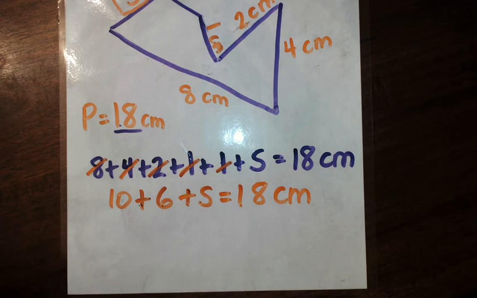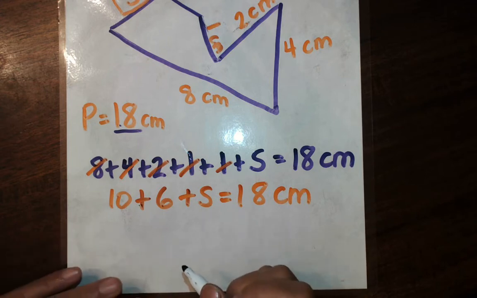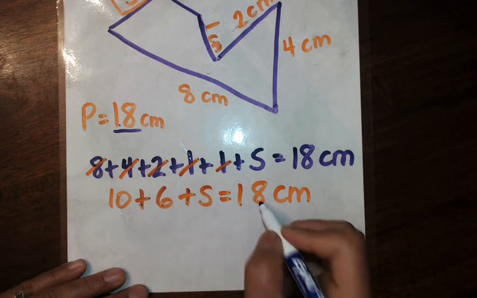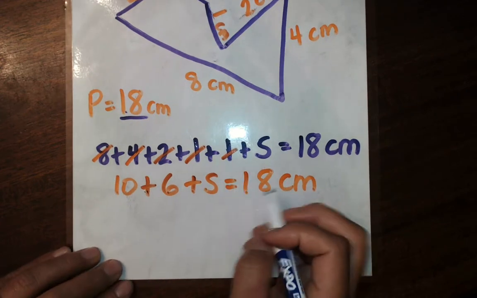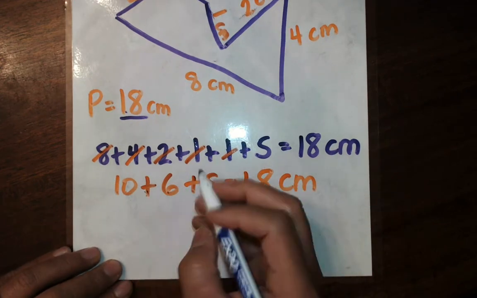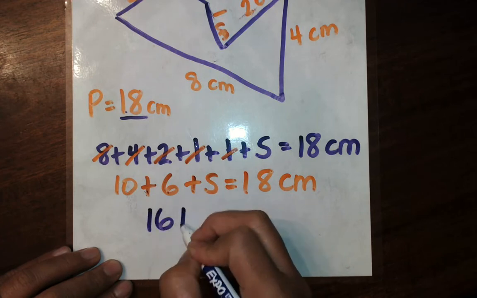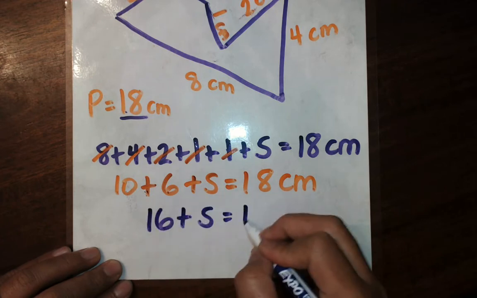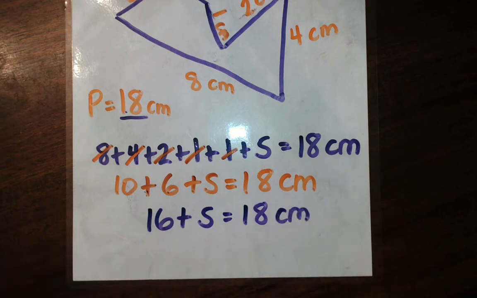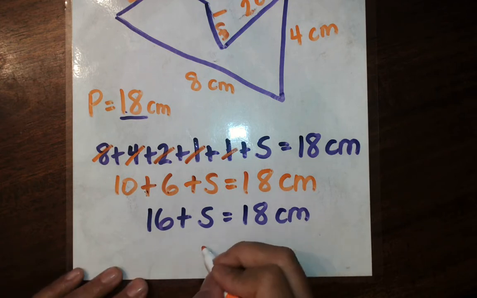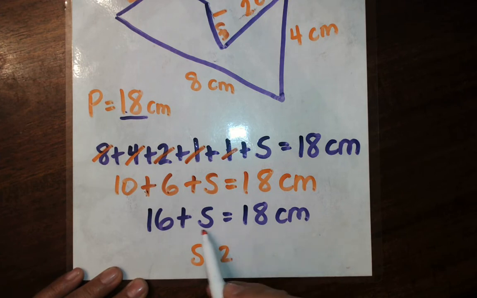Now I'm going to keep adding the numbers that I have until all I'm left with is just one number plus S, which equals the perimeter, 18. So 10 plus 6, easy, 16, plus S equals 18 centimeters. Can you already see what S would equal? I can. You can use mental math too. Mental math tells me that S equals 2 because you need 2 more centimeters to get to 18.